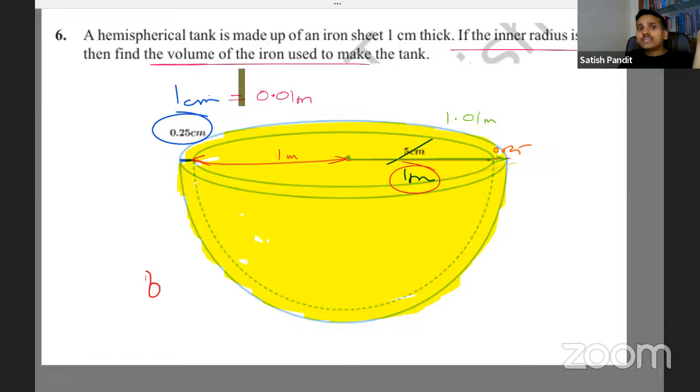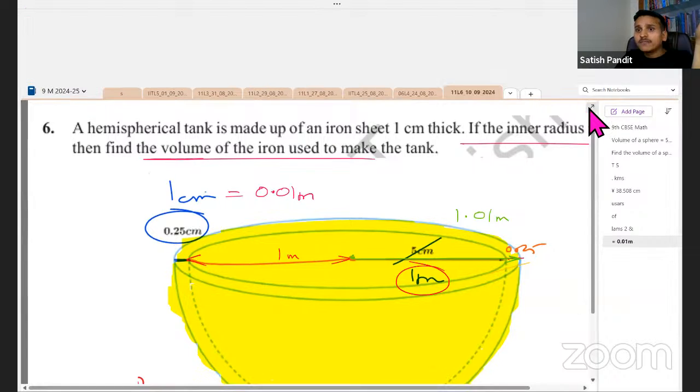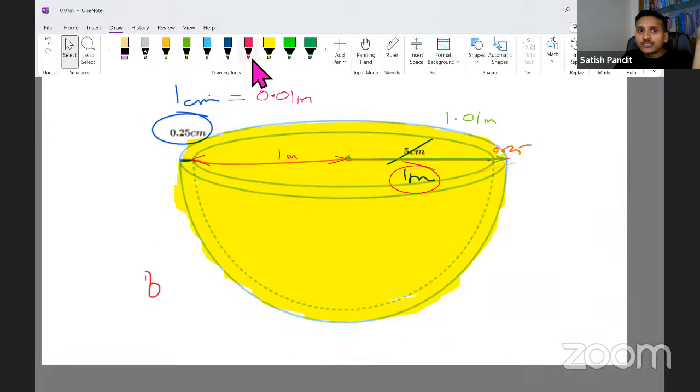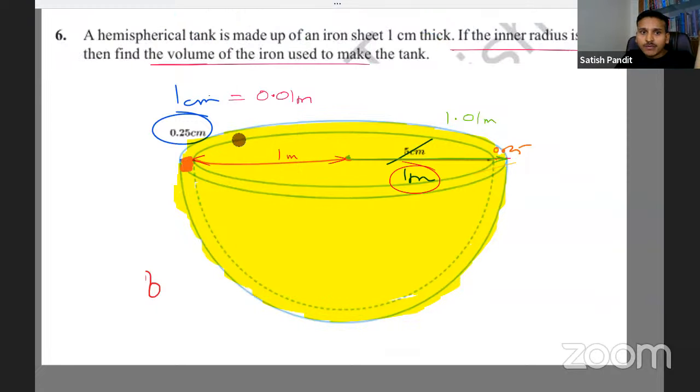If you find the volume of this, you'll get the entire thing, right? But the entire thing is not made up of iron. What is made up of iron?